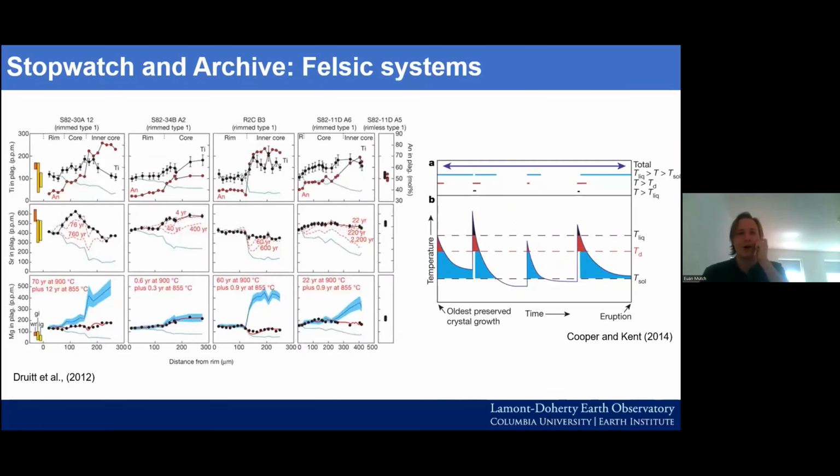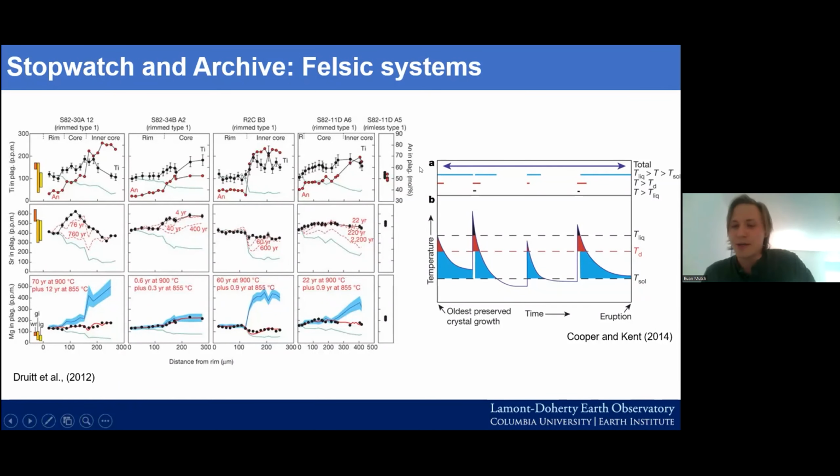And so if we hop over to the felsic domain, or more silicic systems, diffusion of trace elements in plagioclase has really provided important constraints on, say, the reservoir assembly prior to large caldera-forming eruptions, such as this work by Tim Druitt and others, which looked at the Minoan eruption from Santorini.